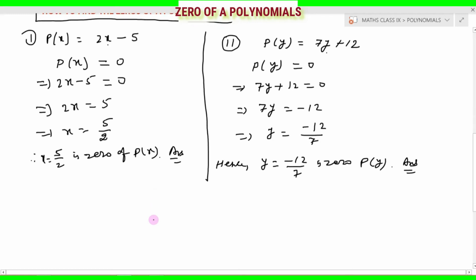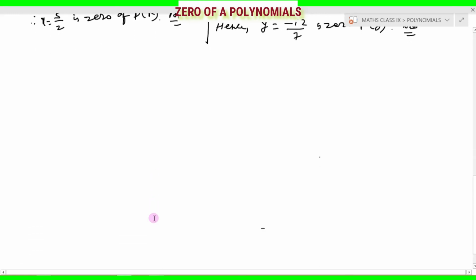One more example I am taking, a little simple but without involving any number. Third example. I am taking a polynomial p(x) whose value is ax plus b, where a and b are any real numbers, constant numbers. Okay, same process to find the 0 of this polynomial.